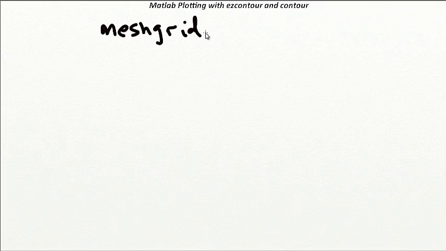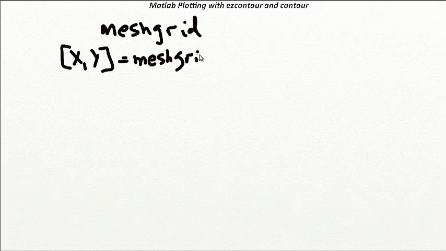Okay, so here is the syntax. X, Y, these are the two coordinates, is equal to meshgrid. Let's do minus 1.5, 0.1 colon 1.5.